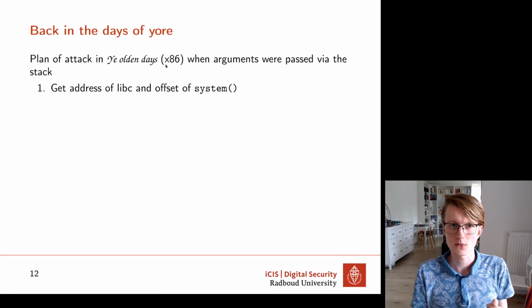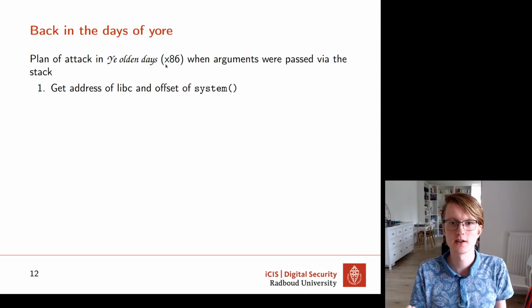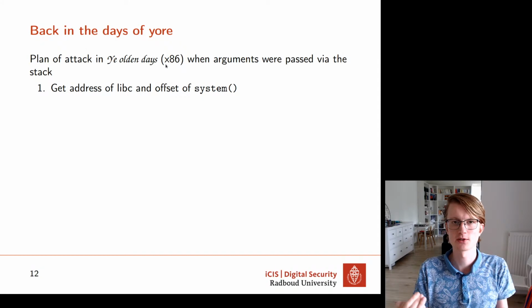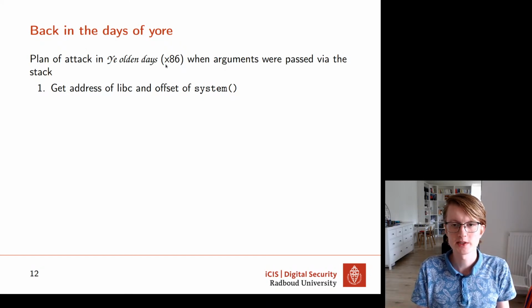In the days of yore, when we had 32-bit processors in most computers, arguments were passed via the stack. And putting stuff on the stack is easy. You just do a buffer overflow, right?